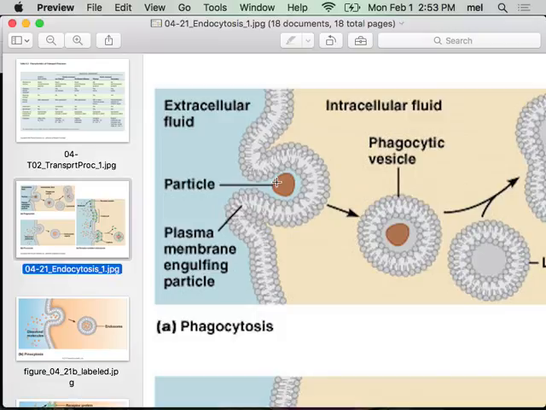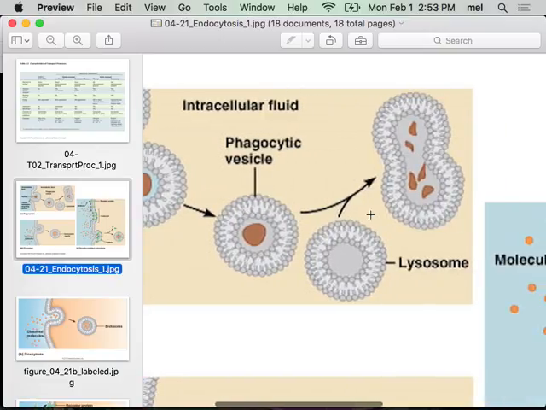And what's going to happen is it is going to reach up and fold around the bacterium. White blood cells, macrophages are famous for doing this. And then as it folds, you again depend on the fluid mosaic nature so that it actually seals up. And then you end up bringing a chunk into the cell. And if it was some kind of pathogen, then you just fuse it with a lysosome and break it down. Does that make sense? So that's phagocytosis.